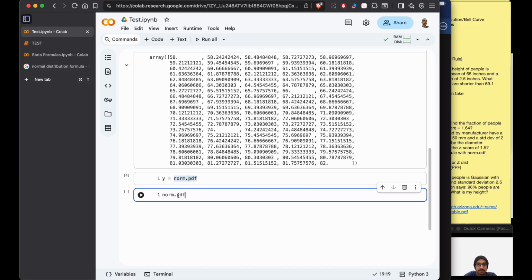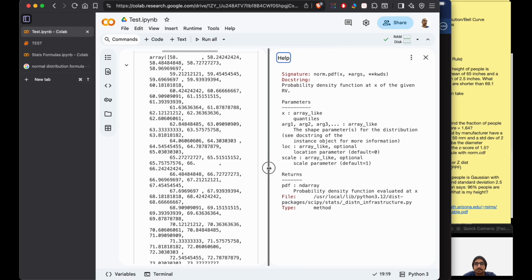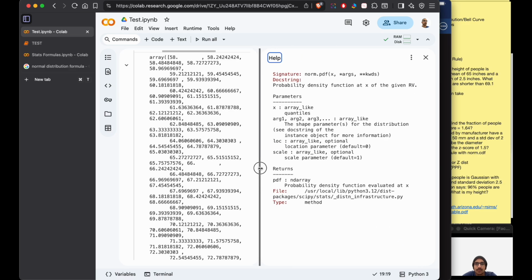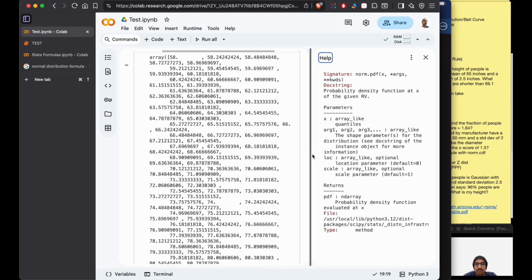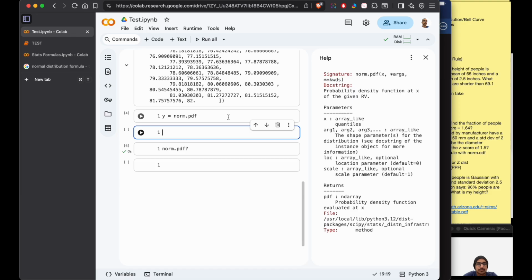What is the signature? It's the probability density function of x for the given random variable. I think it should take the random variable, mu, and standard deviation: x, mu, st, if I'm not wrong.